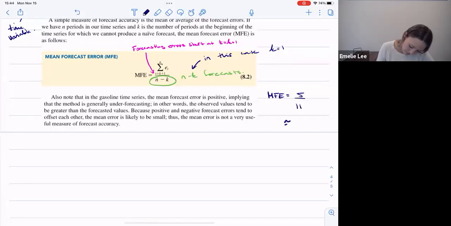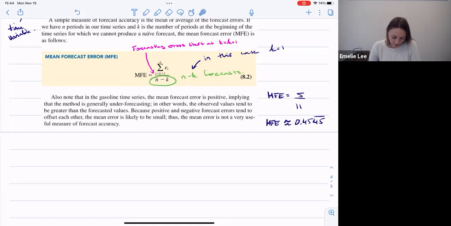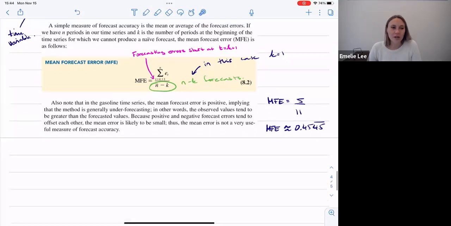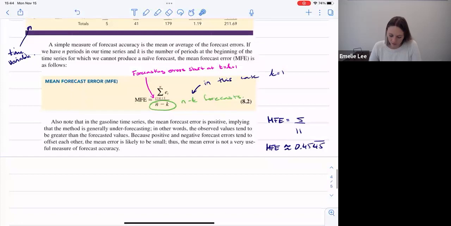Five divided by 11 is 0.4545, repeating. The problem is, this is relatively close to 0. What does that tell me? It's positive, and it's relatively close to 0.